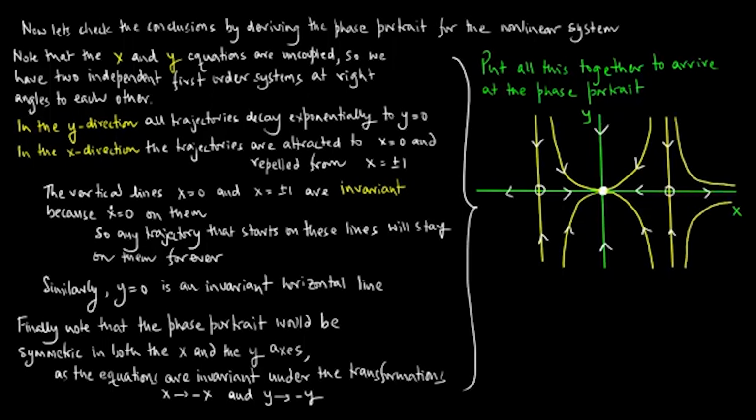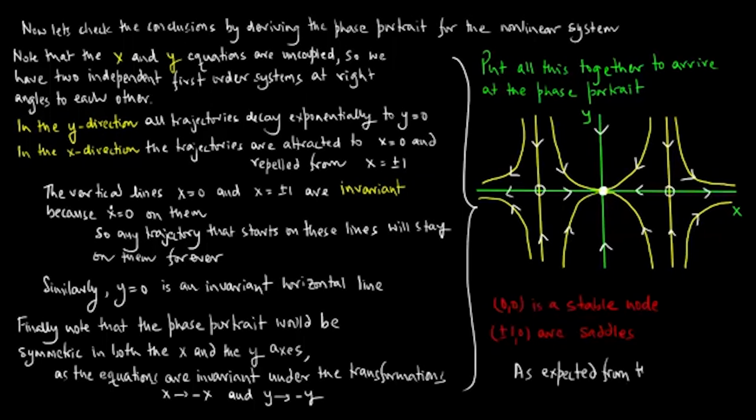And so we go ahead and fill out the rest of the phase portrait for this nonlinear system. So note that 0, 0 is a stable node and plus minus 1, 0 are saddles. And this is exactly as expected from the linearization.